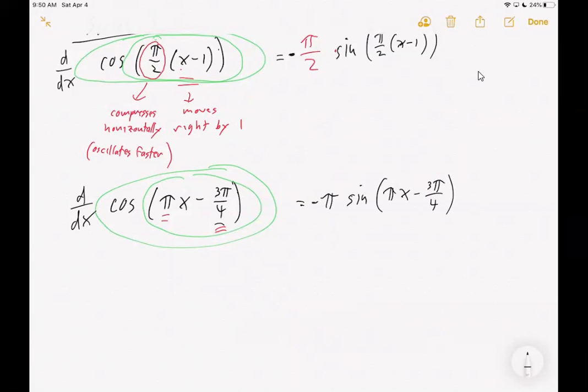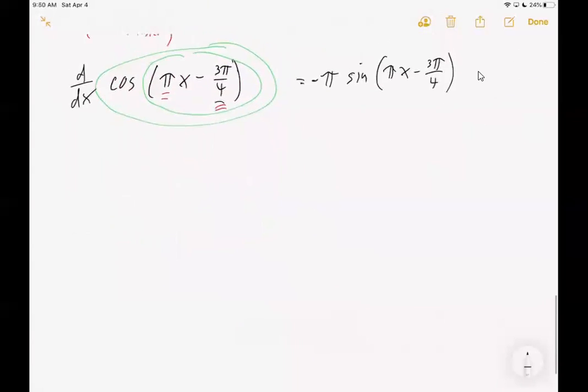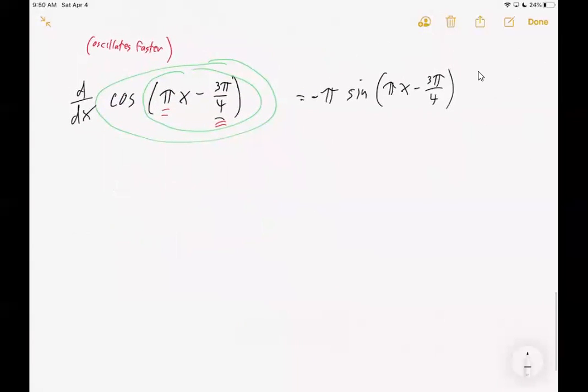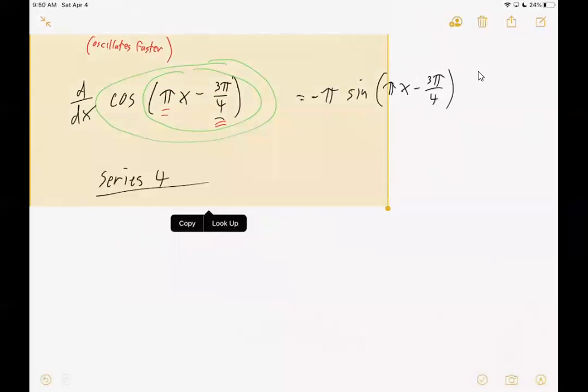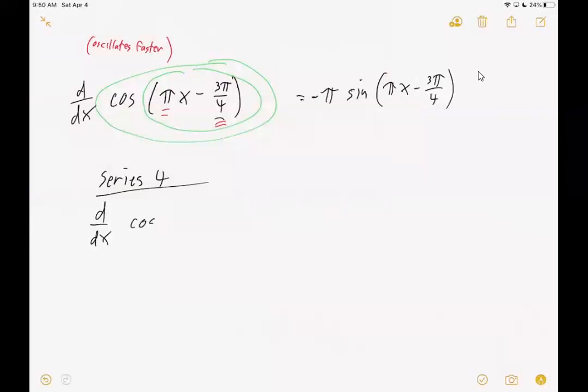Let's move on to one that's trickier. So far everything has had one function inside of another. Let's look at a more complicated series where when we go to take the derivative, this is what we used to call the chain. So we'll keep our functions simpler, but there are 3 layers here. Okay, so we have an f of g of h of x.